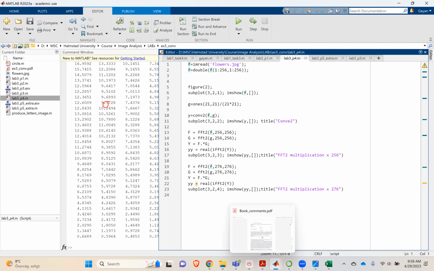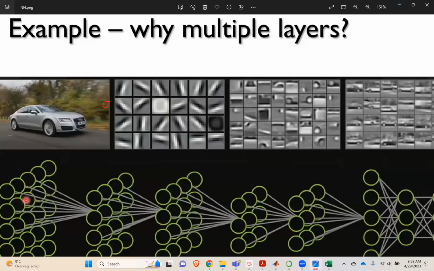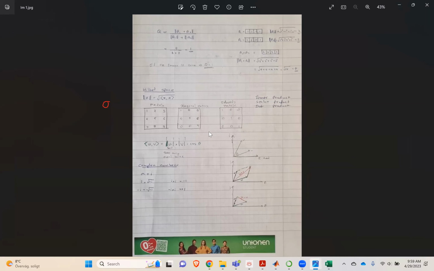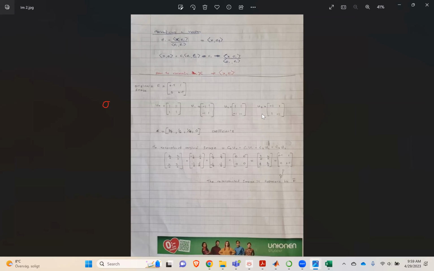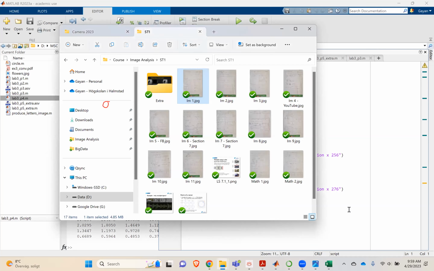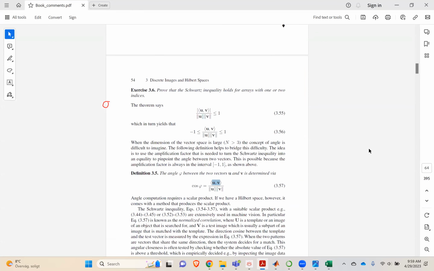So I will go to the second part. This is the calculation we did. In the Fourier basis, how to calculate the image from the bases. I didn't start Fourier yet.